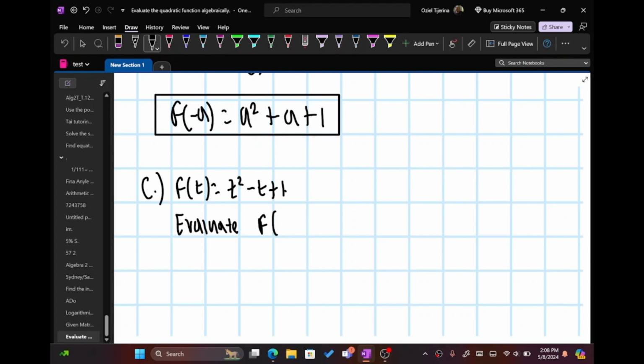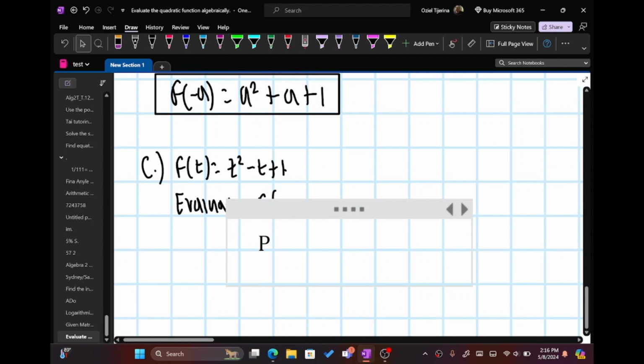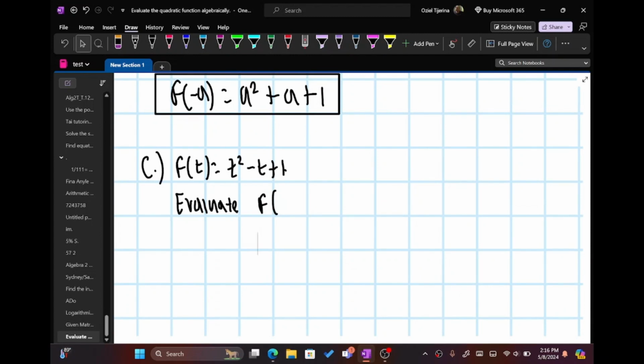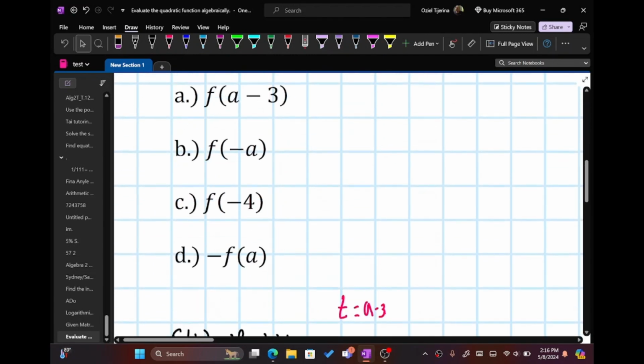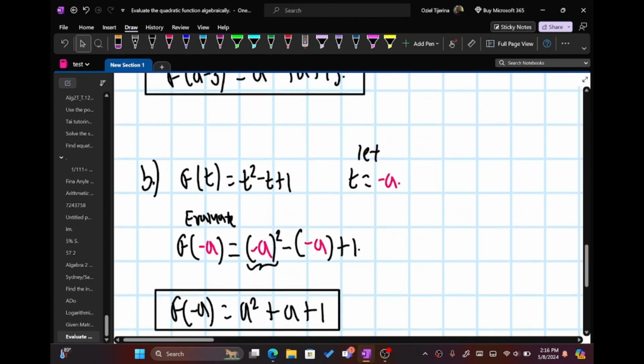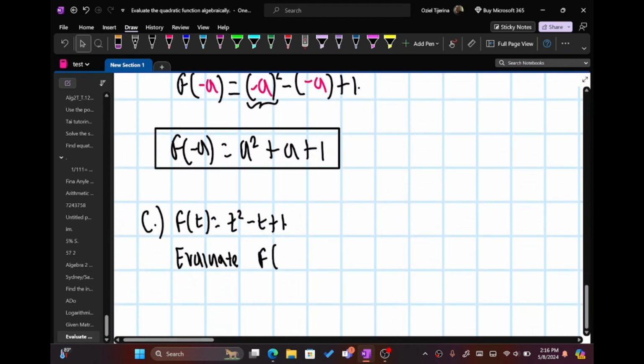Hold on, give me a second, guys. Okay, sorry about that. It says evaluate, I think it was f of negative 4, if I'm correct. Yeah. So we want to go ahead and do f of negative 4.